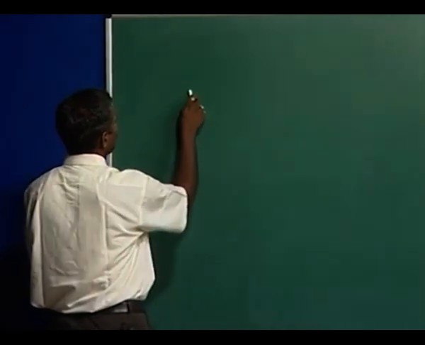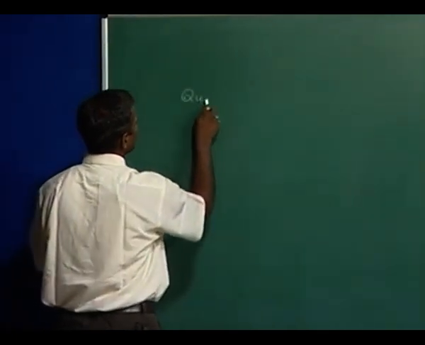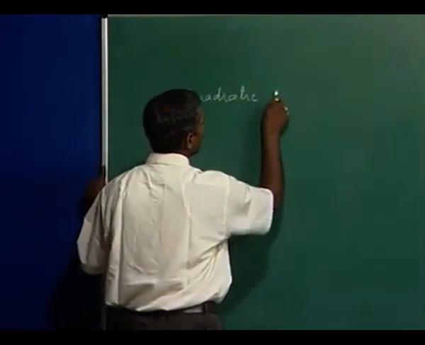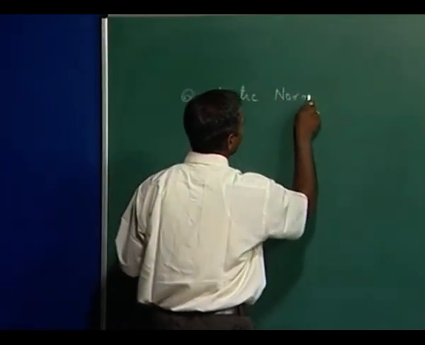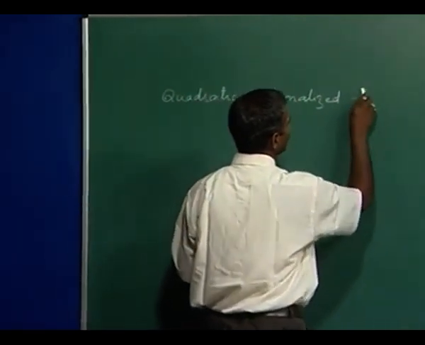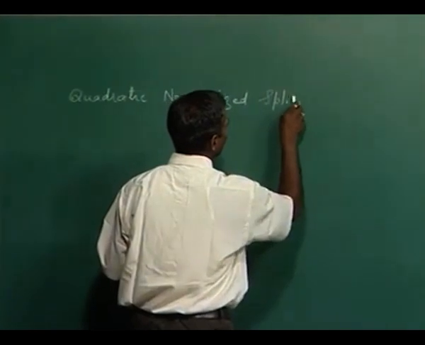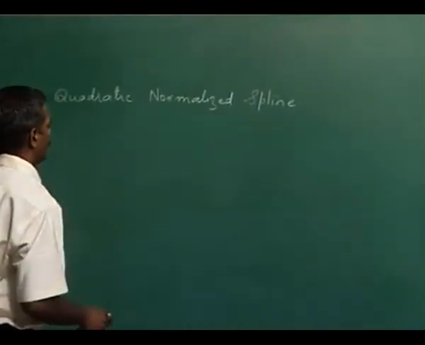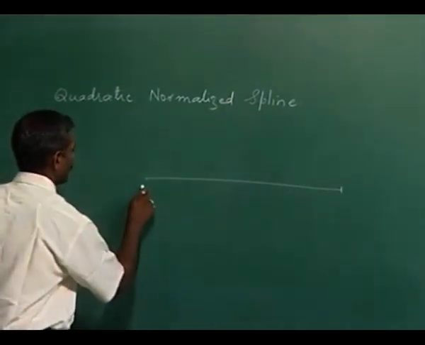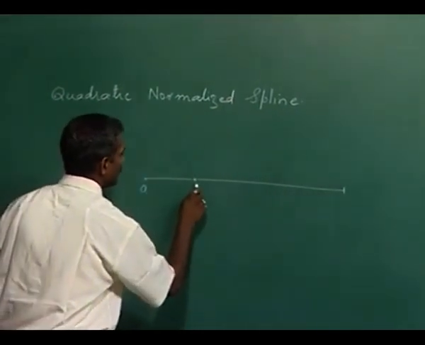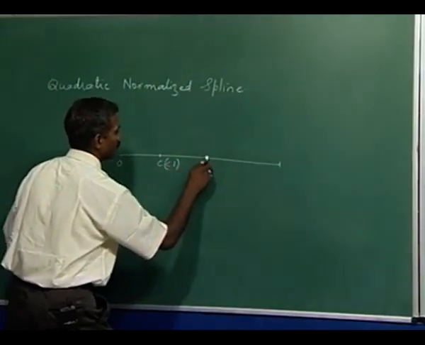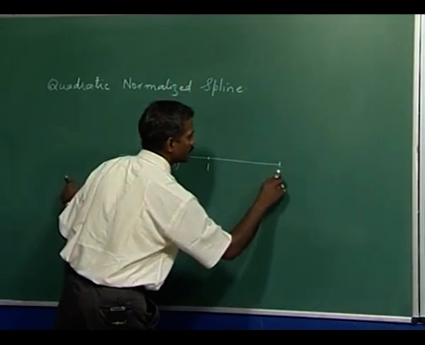Let's construct a quadratic normalized spline over this knot span 0, C, and this value is smaller than 1, 1, and say 2.